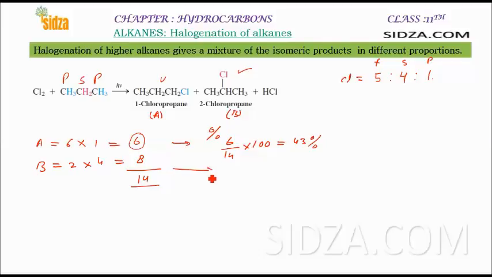And for B, it will be 8 by 14 into 100, which is 57%. So that means you get A 43% and B 57%.